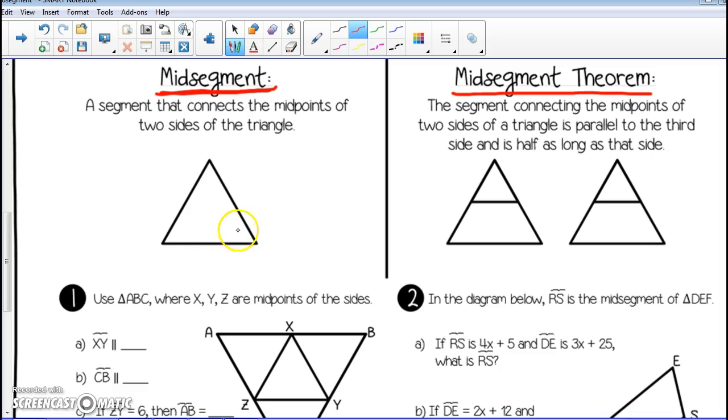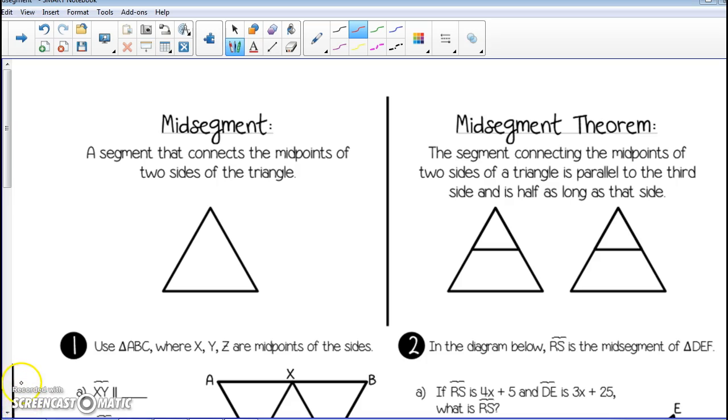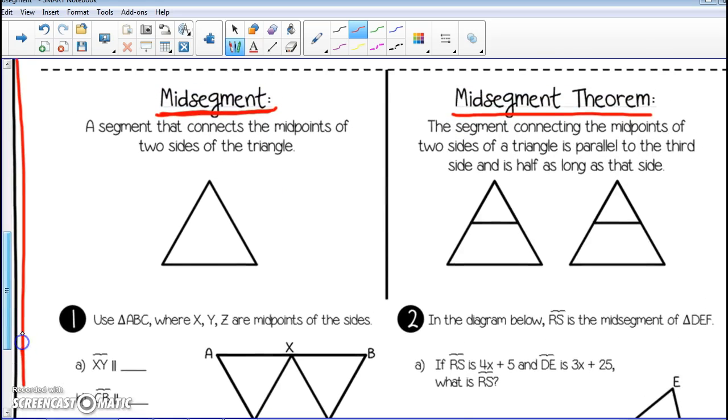So a midsegment, on your handout, as you open it up from first page to this page, is a segment that connects the midpoints of two sides of a triangle. So, for example, we have this triangle here.